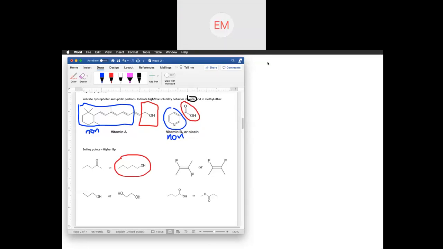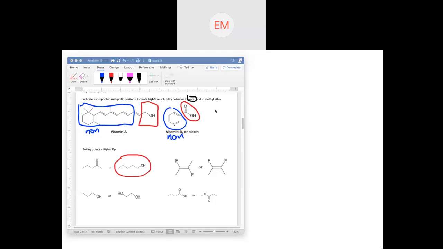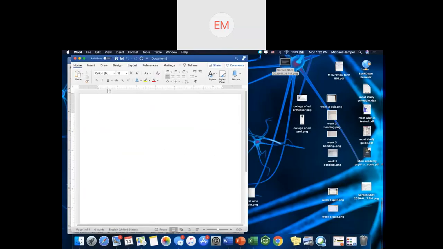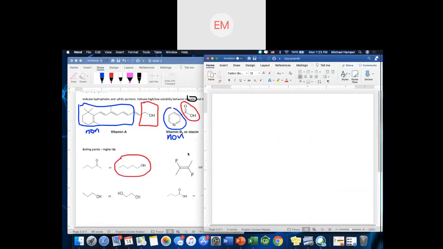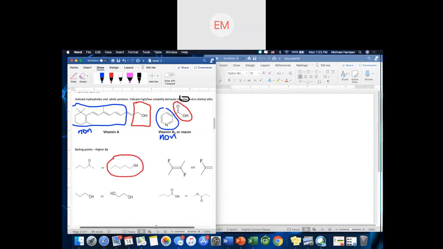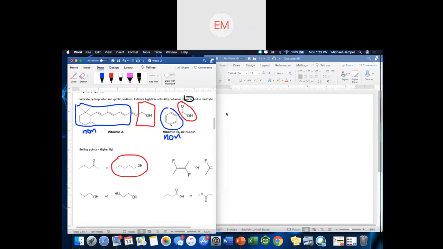Raya, to answer your question, technically speaking, the first molecule that we talked about, the carbonyl and the alcohol, both of those have 5 carbons. So lengthwise, they're going to be the same.